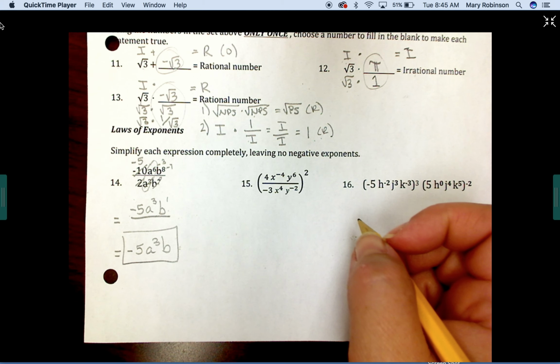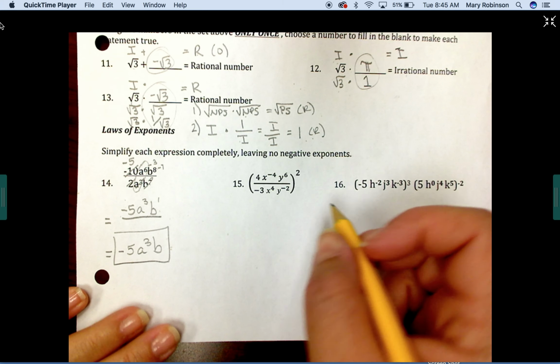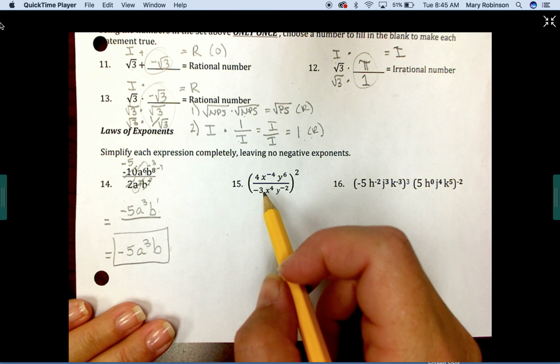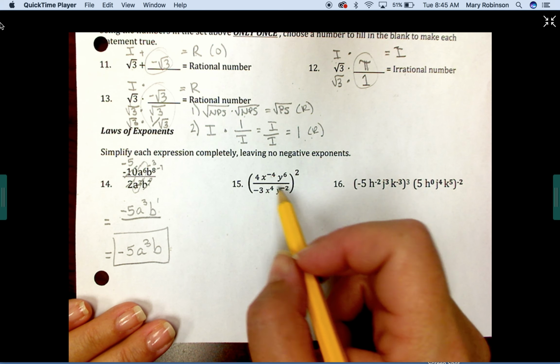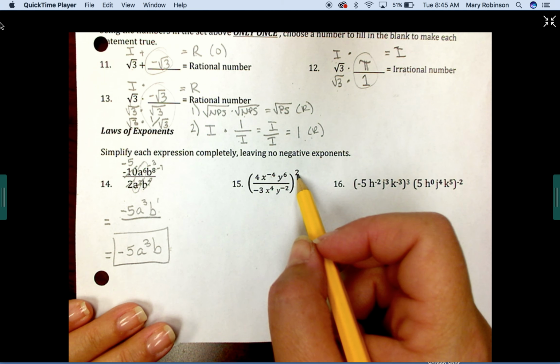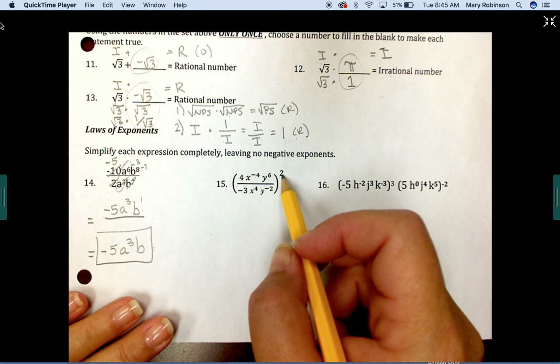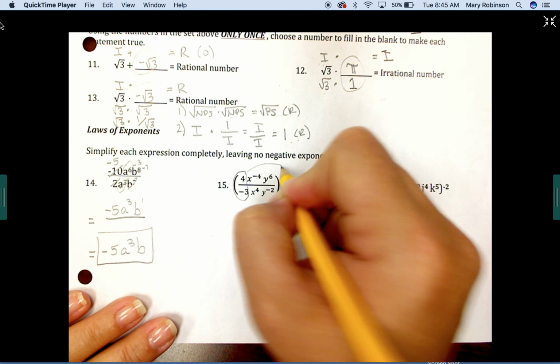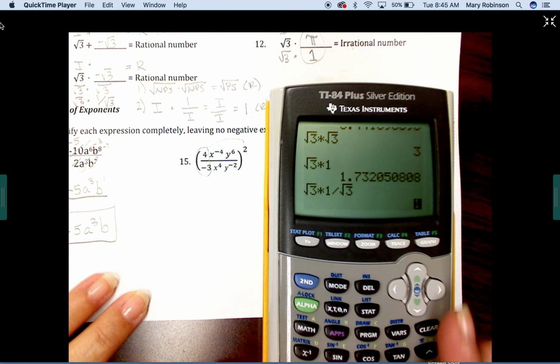For number 15, we have encouraged you to simplify on the inside first. However, I feel like this one, because of negative exponents, may be a good one to just go ahead and evaluate using our power rule. My recommendation would be to take this fraction and raise it to the second power in your calculator first.